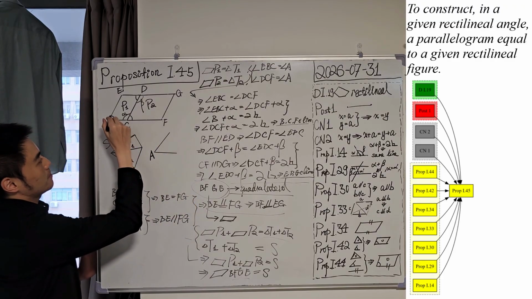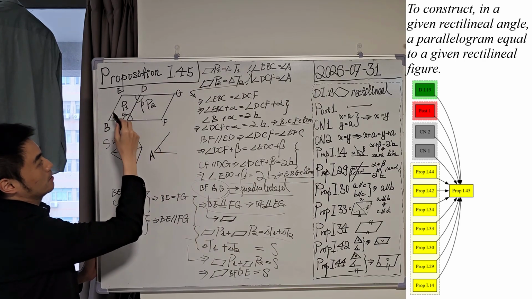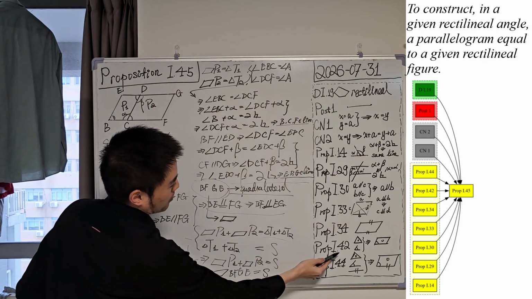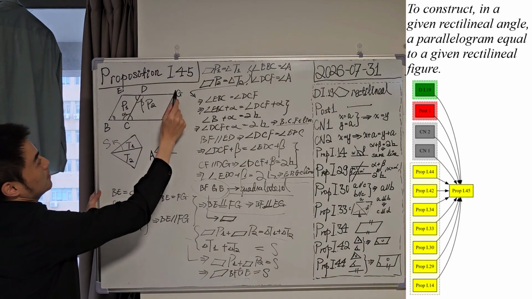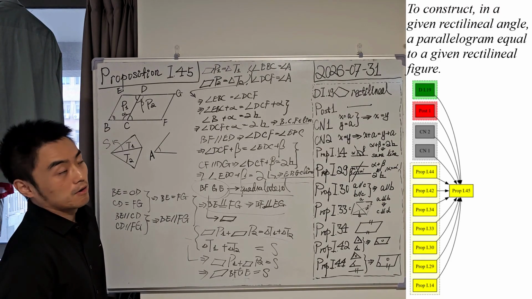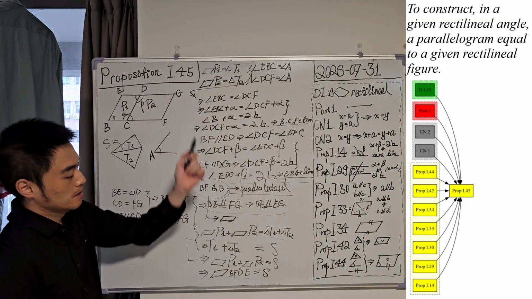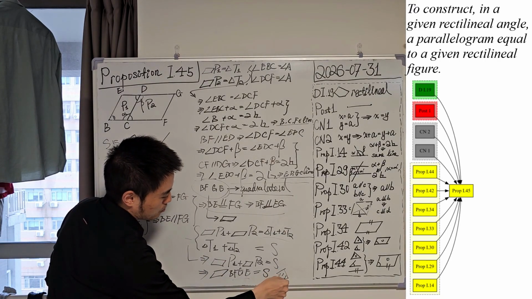Still remember this is equal to angle A because we constructed it based on proposition 42, right? So EBFG is the parallelogram we are looking for in this proposition, and it proves the proposition is true.